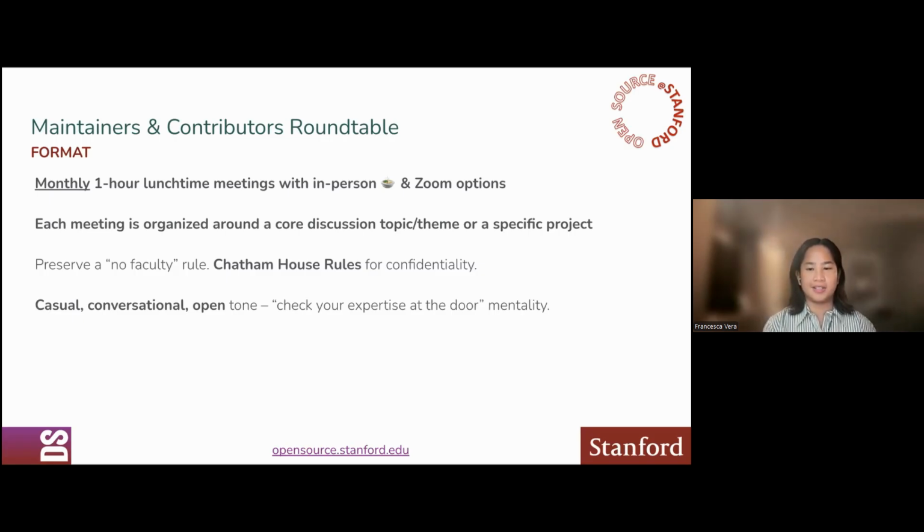So check your expertise at the door, meaning that some of the members have been working on their projects for a decade, a decade plus, and are very well versed in specific open source, technical practices. Other members are experts at their given field.